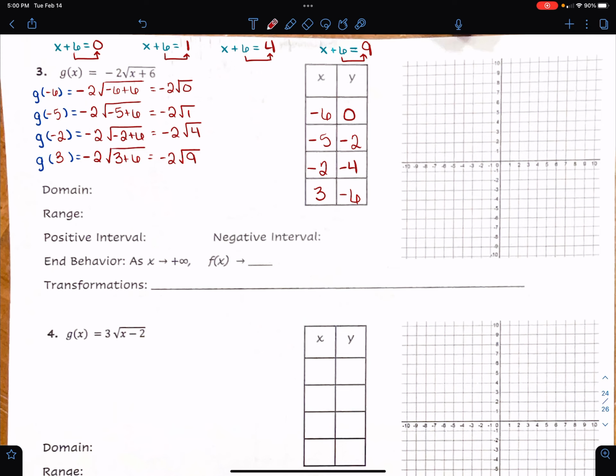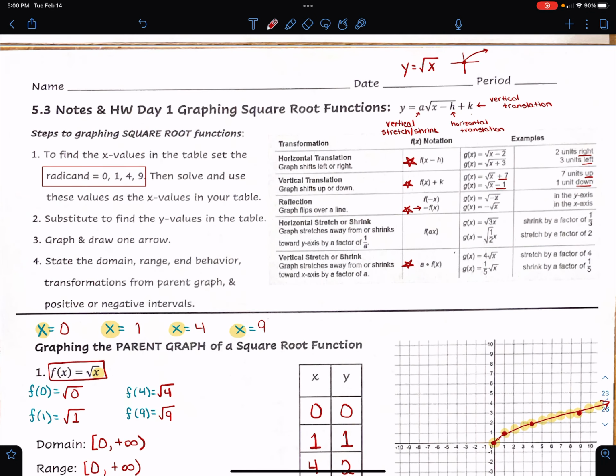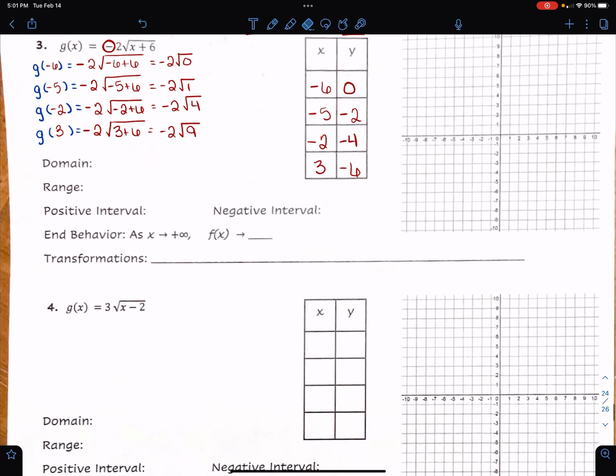All right, on this one, I'm going to go ahead and do the transformations first because I want to see if I can make sense of what's happening. So this negative here, looking for a negative in front of the radical is going to be this one here. So when I have that negative there, that's going to be a reflection in the x-axis. Okay, so let's go back there.